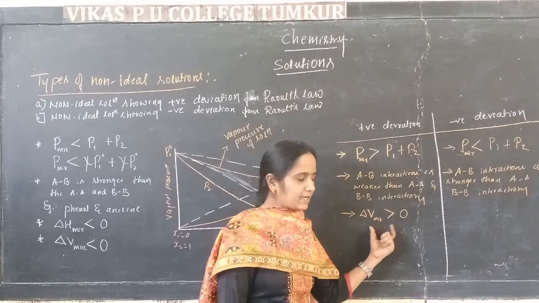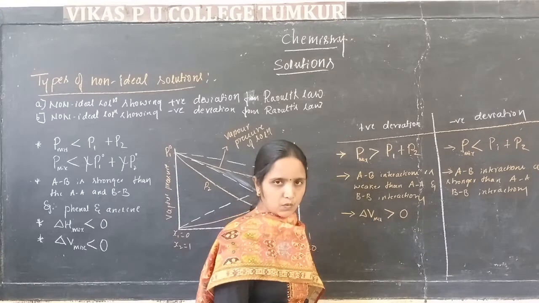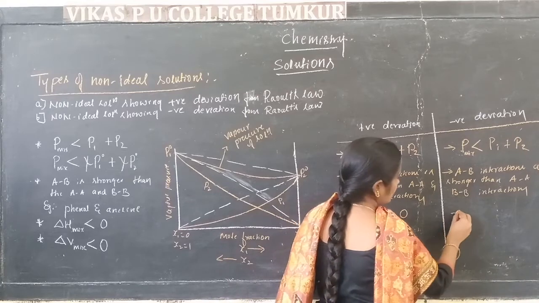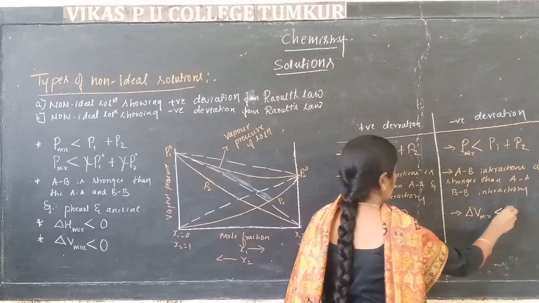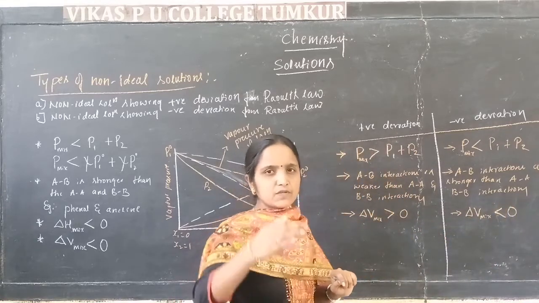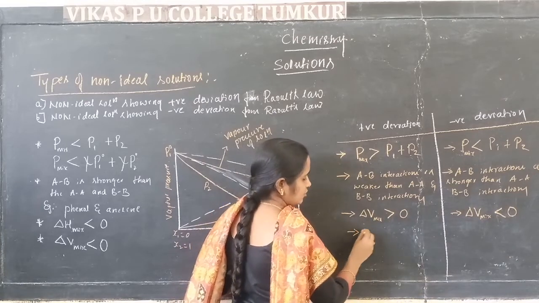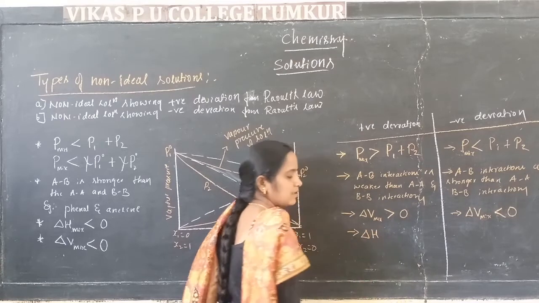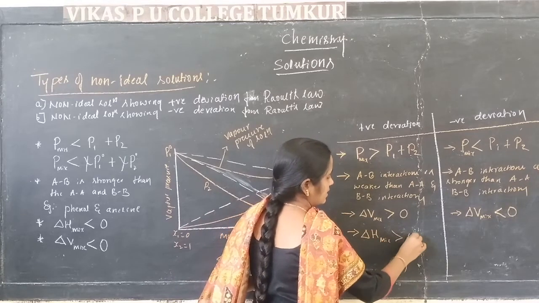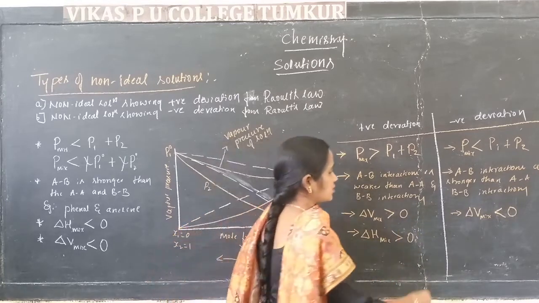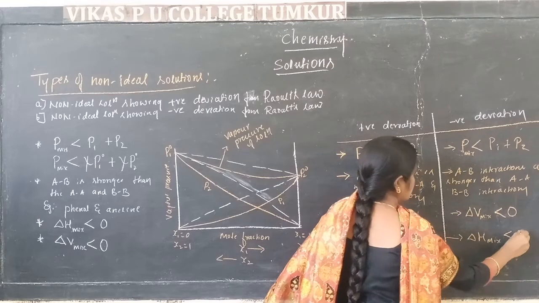In negative deviation, the change in volume is less than 0, meaning the volume decreases. Then the enthalpy: the change in enthalpy of the mixture is greater than 0 in positive deviation, and less than 0 in negative deviation.